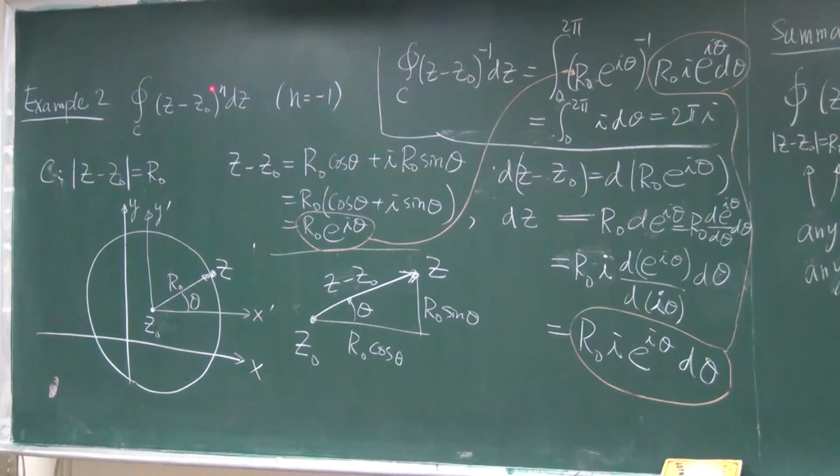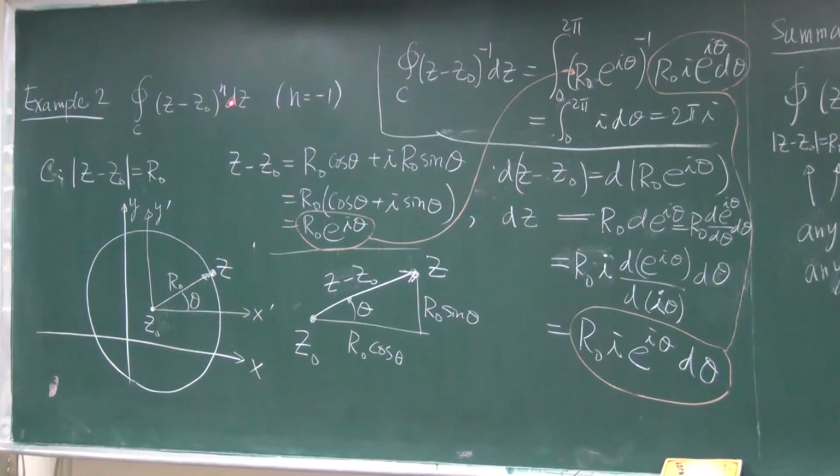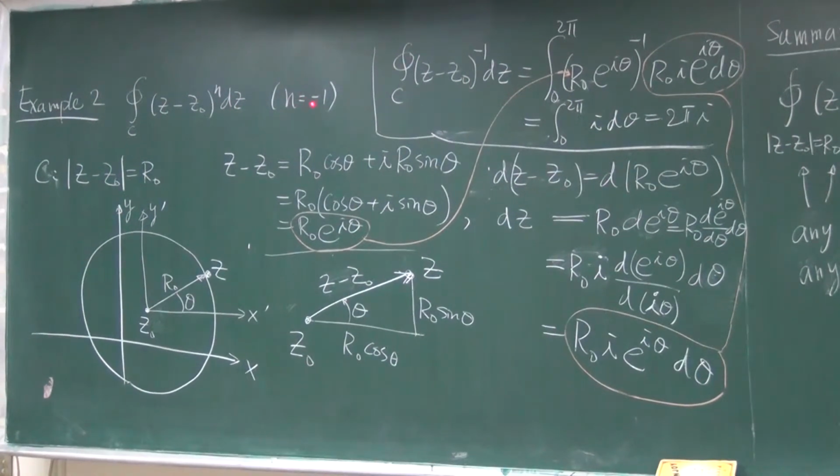We say that when n not equal to minus 1, then this integration will be 0. We had already proven this fact in the last example.